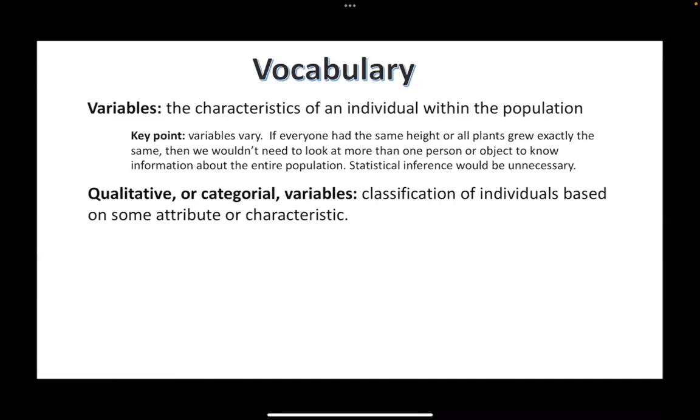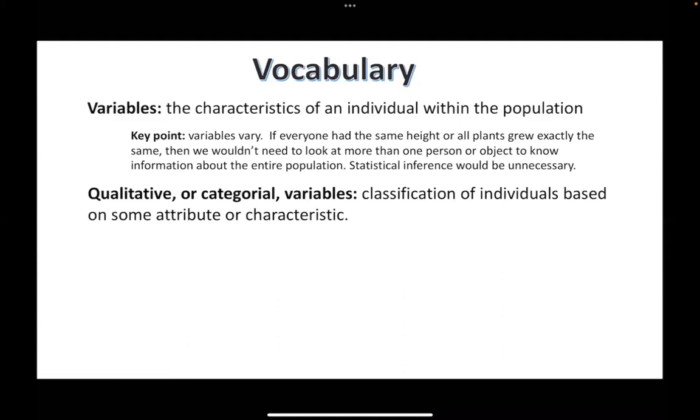It is based on some attribute or characteristic. Most of the time, it's not numbers. It's only numbers if it's not numbers you do math with. For example, a phone number, we would consider that categorical because you don't do math with a phone number. I wouldn't say, oh, my phone number is twice your phone number. It's just weird. So we don't do math with it, it could be categorical.